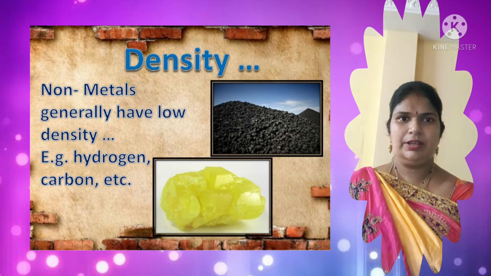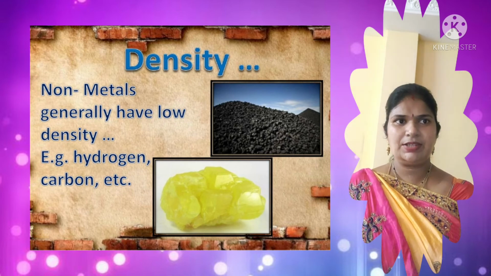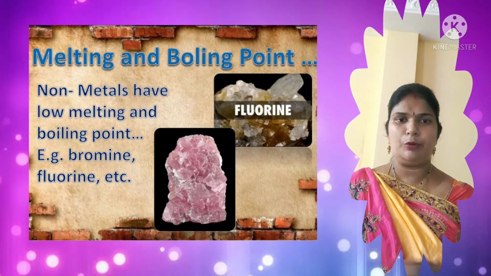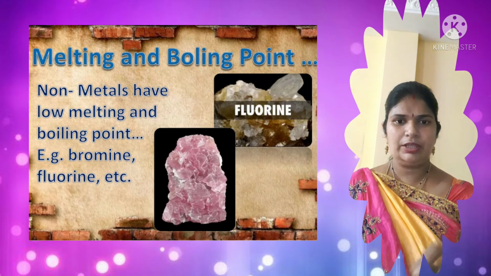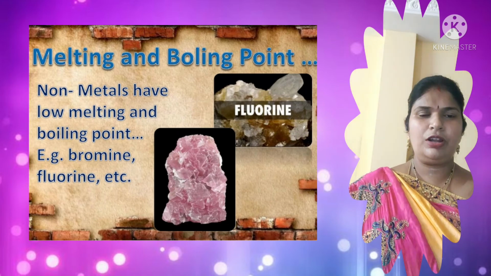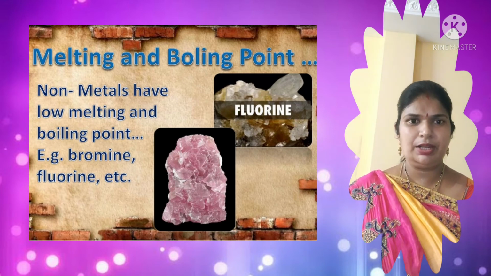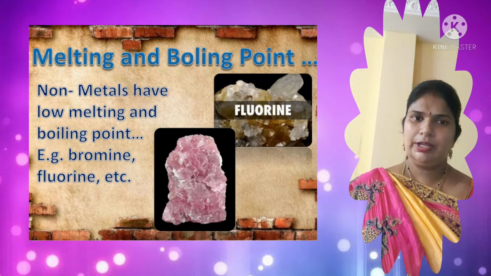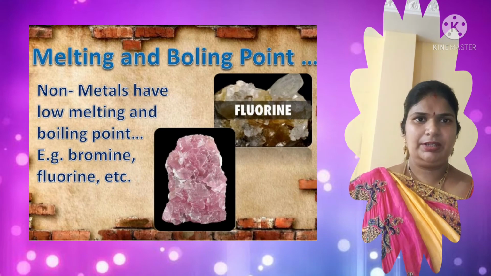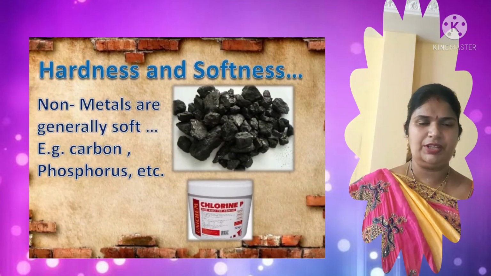Understood, children? Next, coming to the melting point and boiling point of non-metals. Non-metals have low melting and boiling points, like for example bromine, fluorine, etc. Next, coming to the hardness and softness nature.